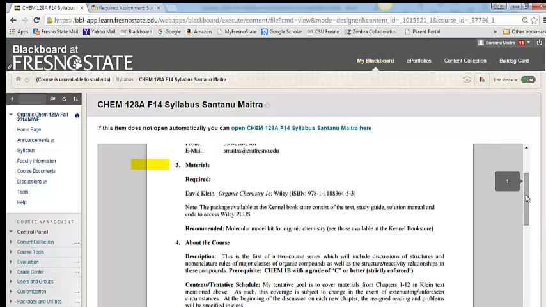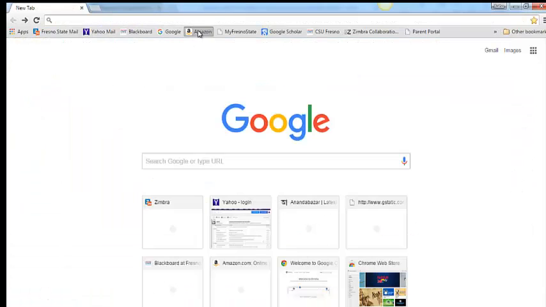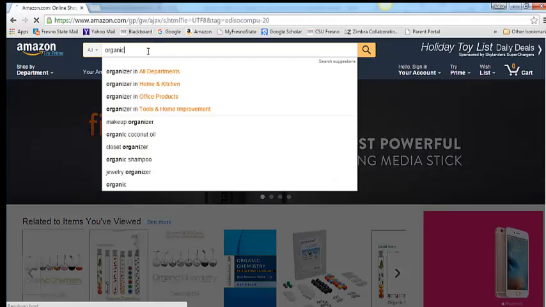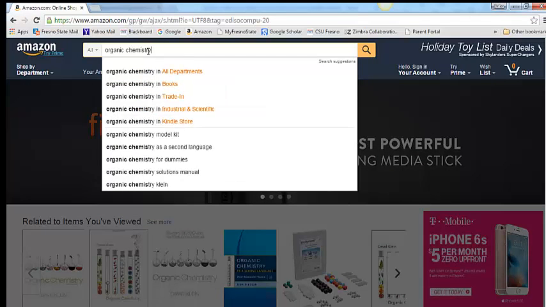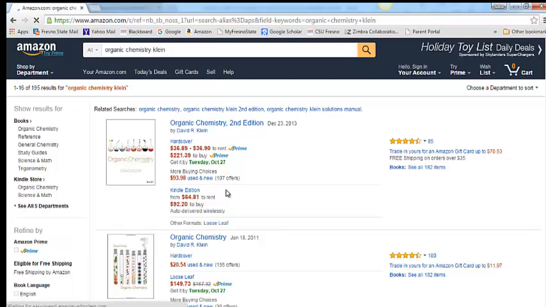We will be following a specific textbook, Organic Chemistry by David Klein. You can buy the book from the bookstore, or you can also purchase the book from Amazon. And if we quickly go here, you can look at the book on Amazon.